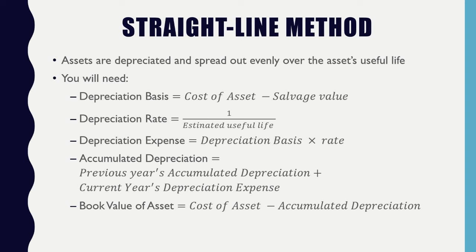Knowing that key factor, once you solve for one of the depreciation expenses, you can automatically fill out the rest because it's a straight line. You're going to be constantly depreciating the asset for the same exact amount every year, okay?